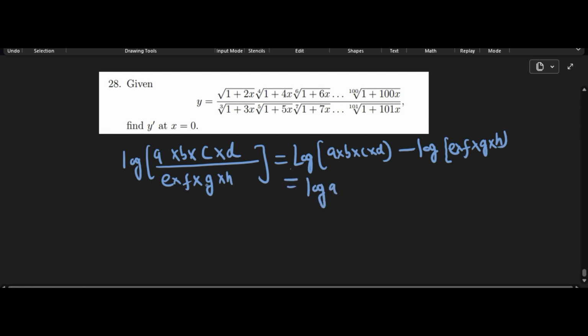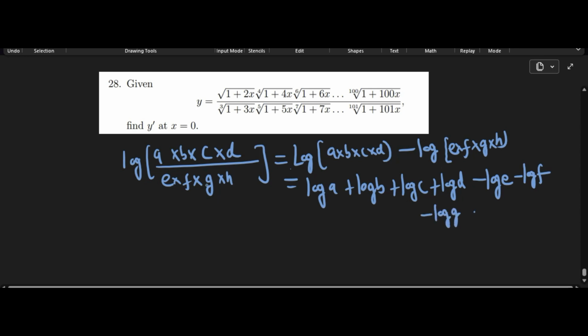This will become log of a plus log of b plus log of c plus log of d minus log of e minus log of f minus log of g minus log of h.